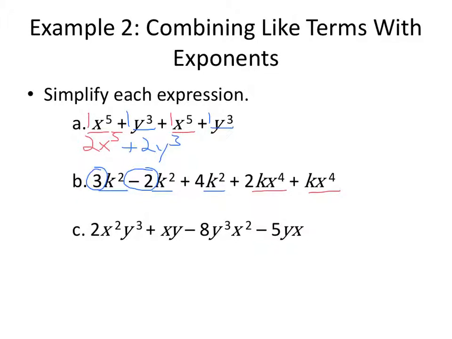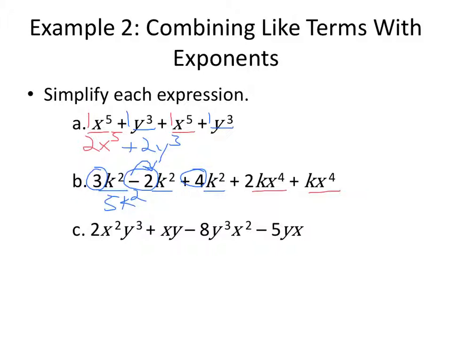Keep in mind that when you have a minus sign like this, it goes with the term that follows. So we need to consider that as a negative 2. So 3 minus 2 is 1, plus 4 gives us 5k squared.